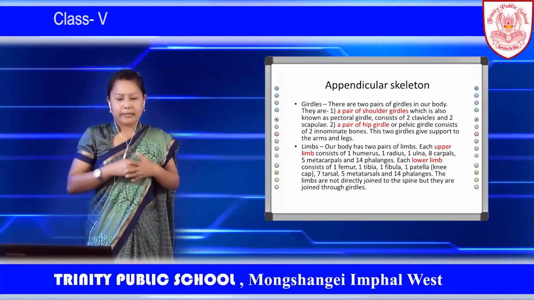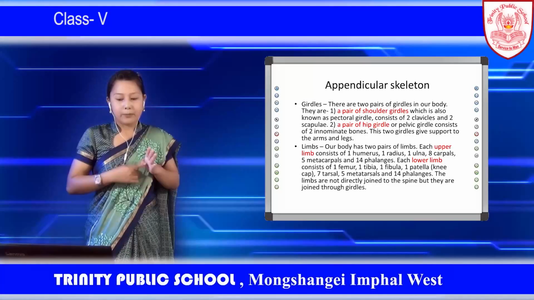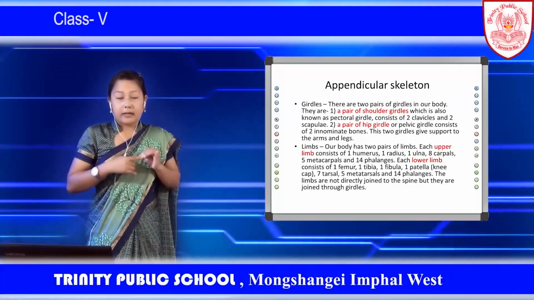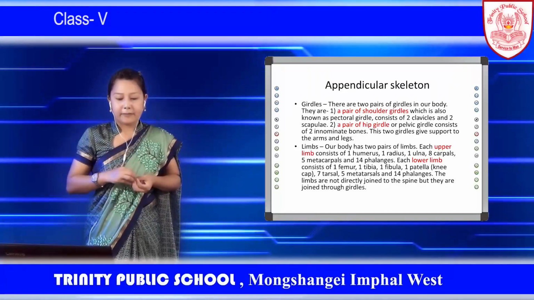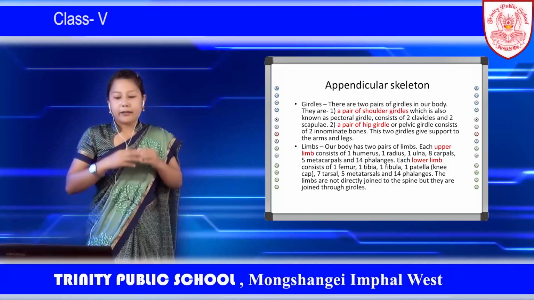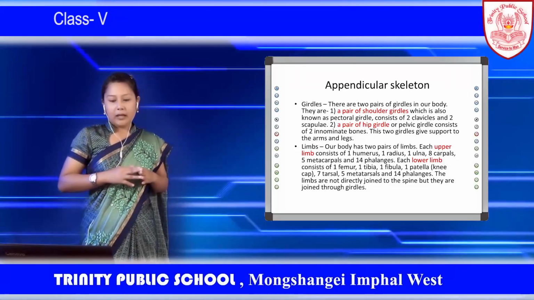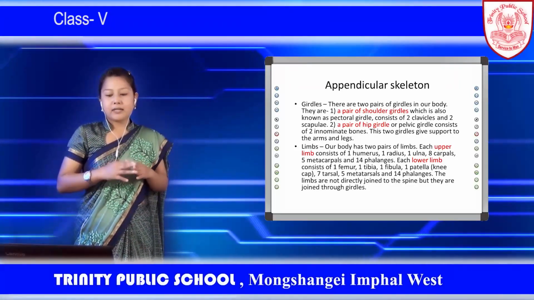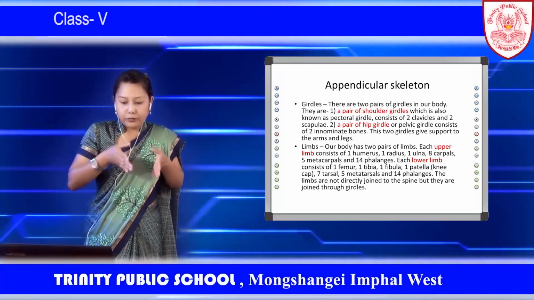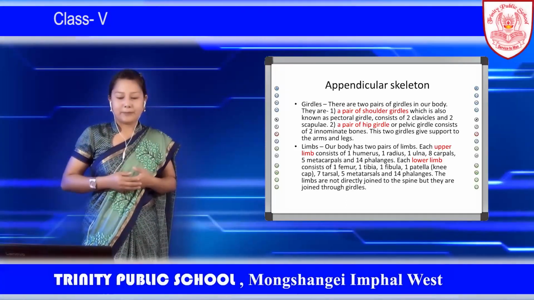The lower limb consists of 1 femur, 1 tibia, 1 fibula, 1 patella. Patella means the kneecap. And there are 7 tarsals, 5 metatarsals and 14 phalanges. The limbs are not directly joined to the spine, but they are joined through the girdles.